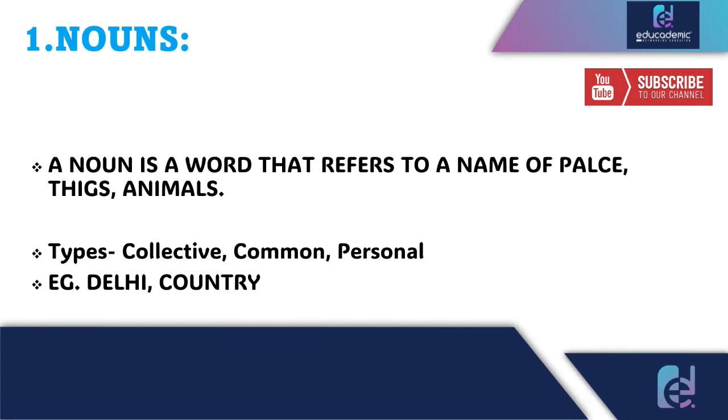So puppy is the common name for the little kid of a dog, so puppy is a common noun. Likewise, the examples given here are Delhi and country. Delhi is the name of a place, which means Delhi is a noun. Country means the place where a person belongs, so country is a common noun.